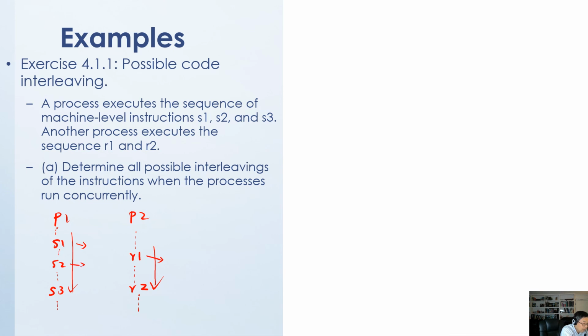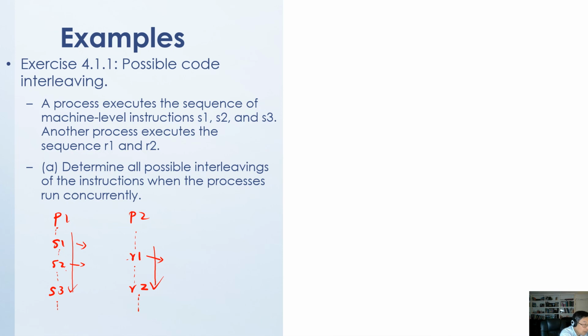Or process 1 completes S1 and S2, then R1 executes. So there are various different possibilities. Now the problem says determine all the possible interleavings. Okay, how are we going to do this? This is actually a math problem, right? So let's take a look.